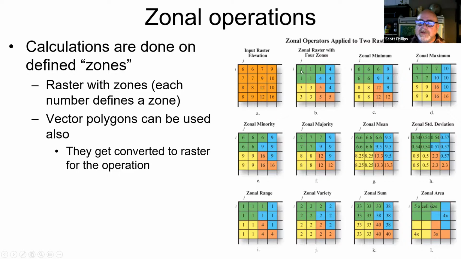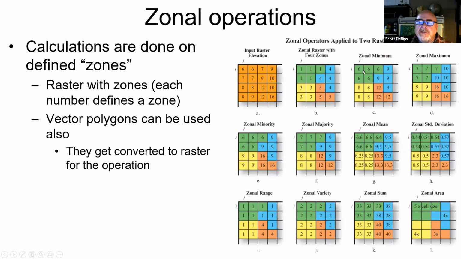Let's say these are 4 different study areas. What we want to know is, what is the average, or the minimum, elevation within the 1 zone? What is it within the 4 zone? What is it within the 5 zone, and so on? And that's what a zonal operation is. So we have elevation values and zone values, zone 1, zone 4, zone 5, and zone 3.